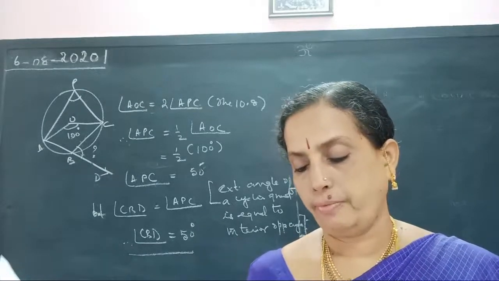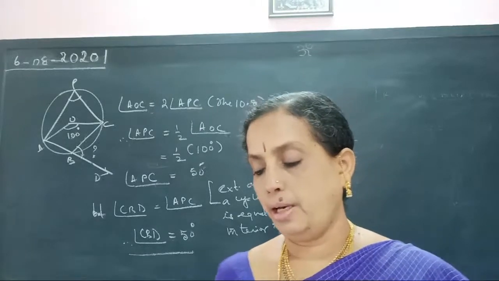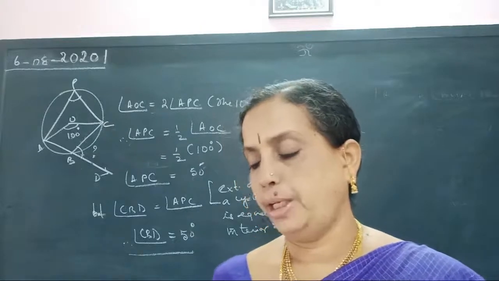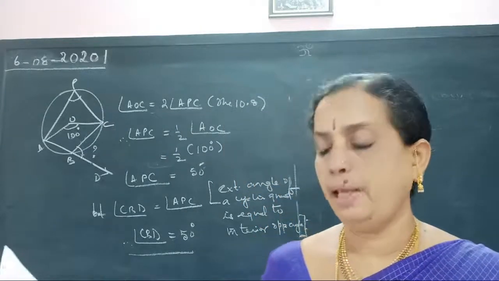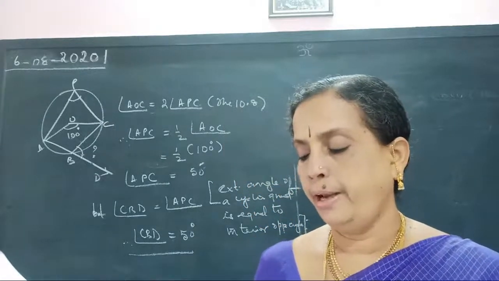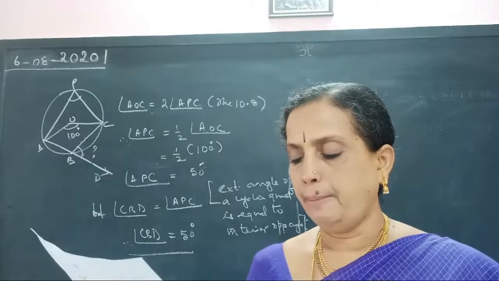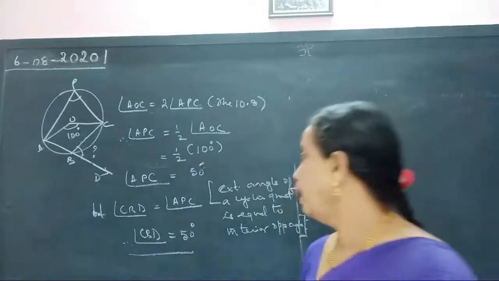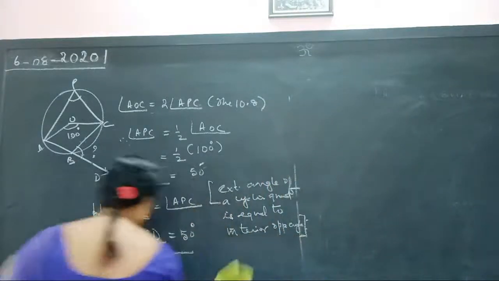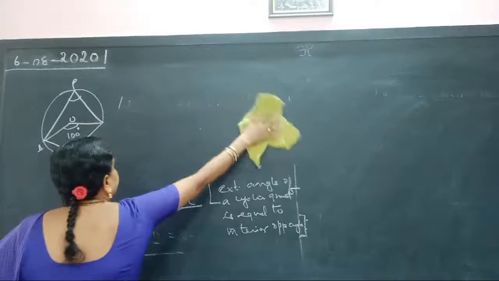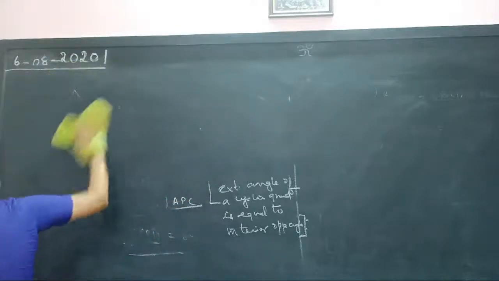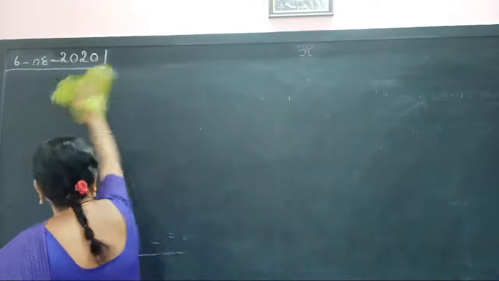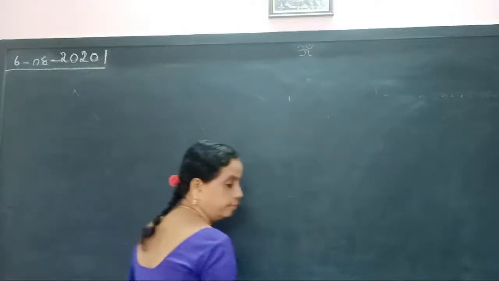In a cyclic quadrilateral ABCD, if AB is parallel to CD and angle B equals 70 degree, find the remaining angles. This type I have worked out in the earlier class. Anyhow, we'll have the figure of this question. Get a cyclic quadrilateral figure.